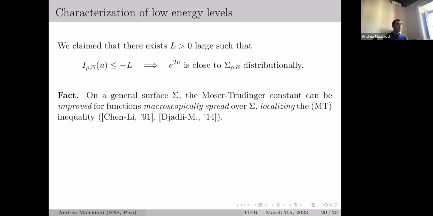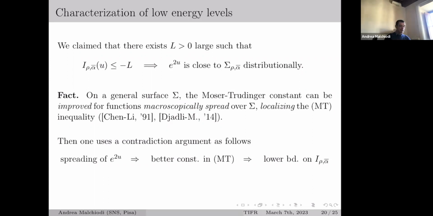In general, you can improve the Moser-Trudinger inequality if you have the exponential function macroscopically spread over the surface. This is a bit in the spirit of Aubin's improved inequality, which requires a balancing condition of the volume. If you have the volume all concentrated near a single point, that would be very unbalanced. In general, the more you spread the volume of a surface, the more the Moser-Trudinger inequality improves.